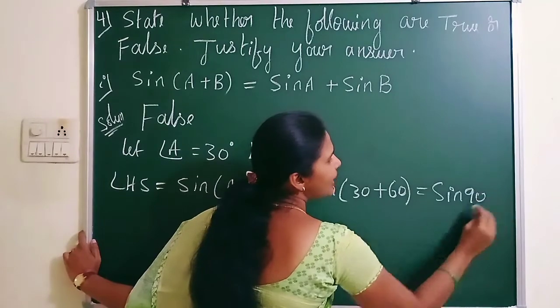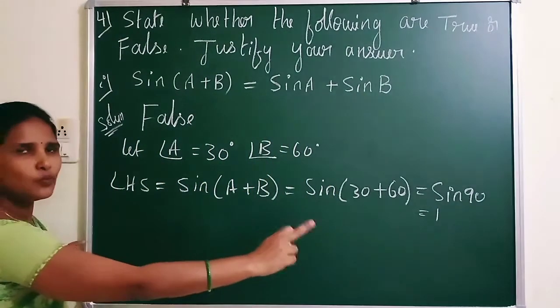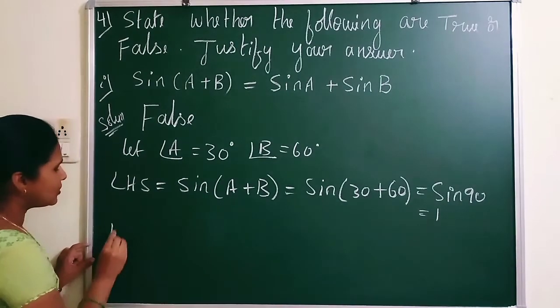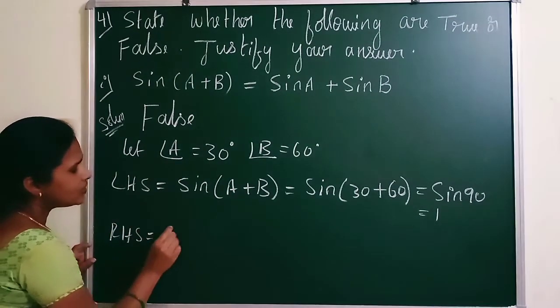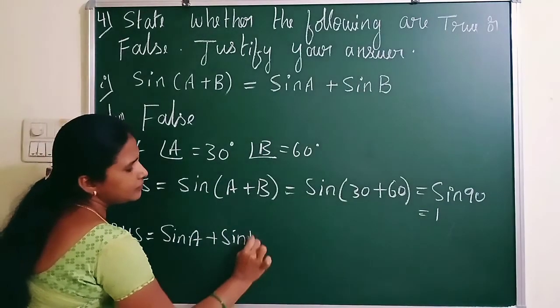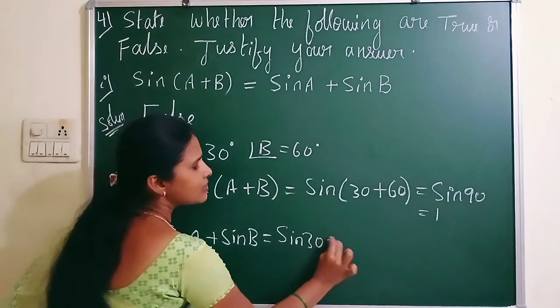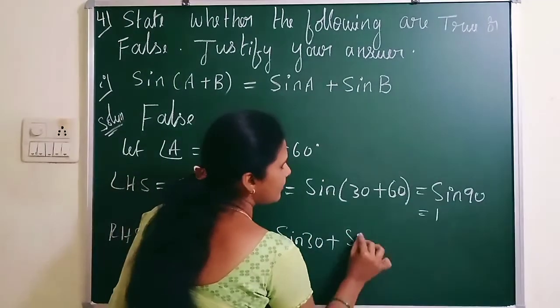As you know, sin 90 is 1. So we got LHS value as 1. Now let me take RHS. RHS is sin A + sin B, that is sin 30 + sin 60.